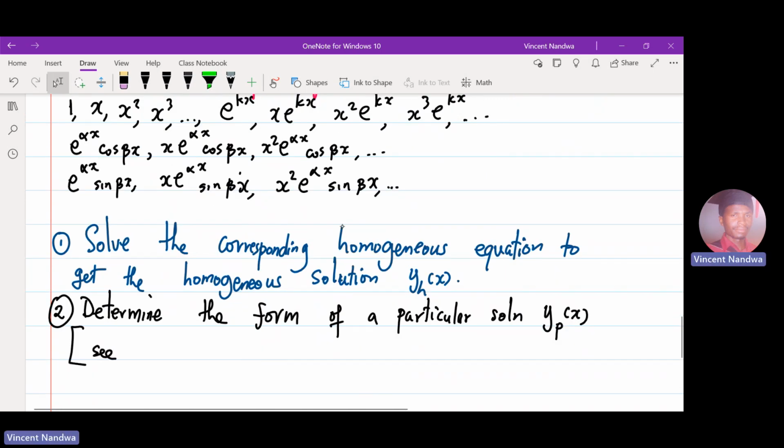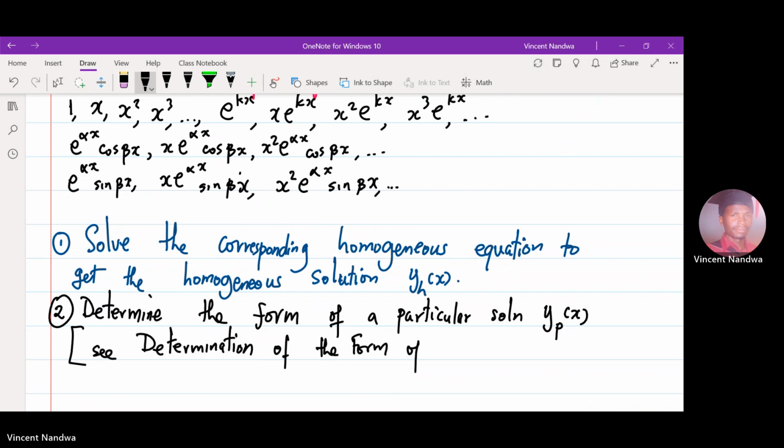We'll discuss the different forms, how we pick them with respect to the g function. So that's what we'll call the determination of the form of yp.